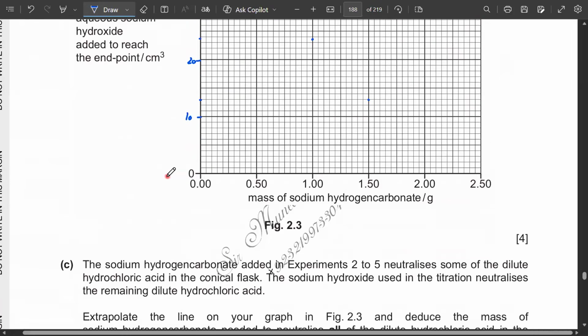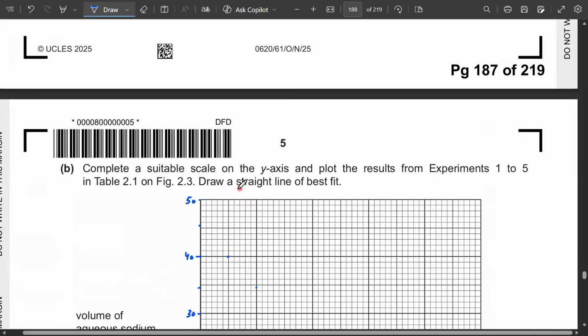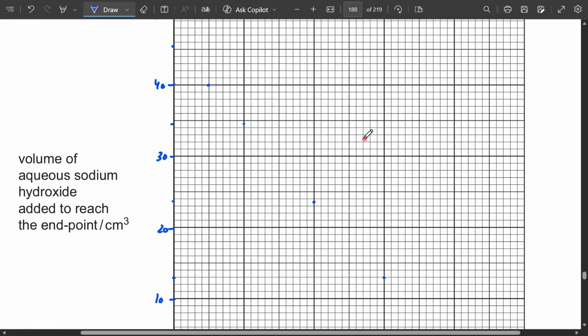In that question, they ask you to draw a straight line of best fit, which means it's not a curved line. It's basically a straight line. Now I will try my best to have the straight line here.